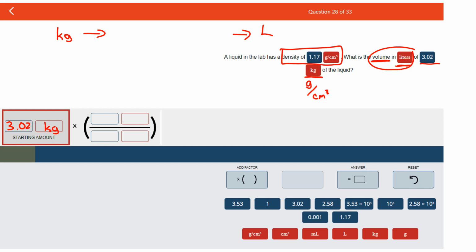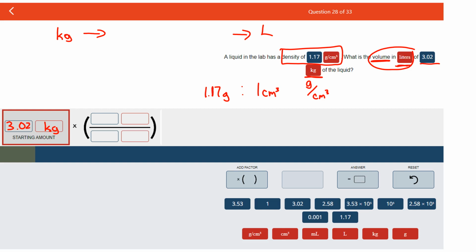If I'm going to use my density as a conversion factor, that density says I have 1.17 grams for every 1 centimeter cubed. Can I use that conversion factor right there? Can I use density yet?